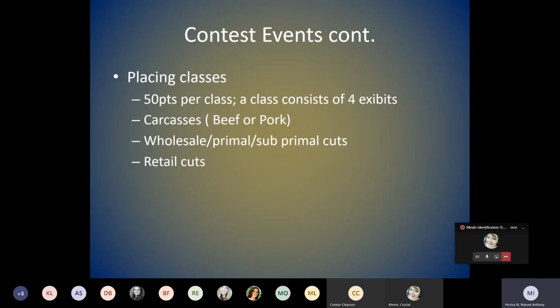The placing classes will be 50 points per class. It's going to consist of 4 exhibits, and the carcass classes can only be beef or pork. So I'm anticipating right now that we're going to have a placing class for beef, a placing class for pork.